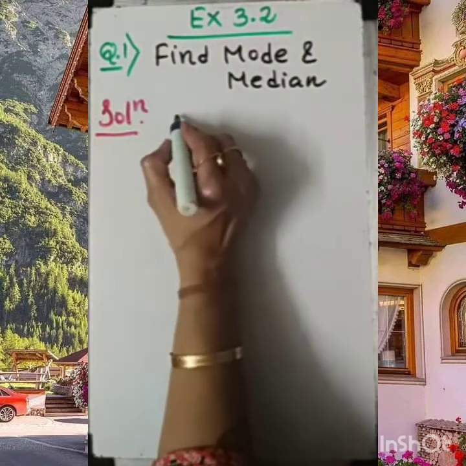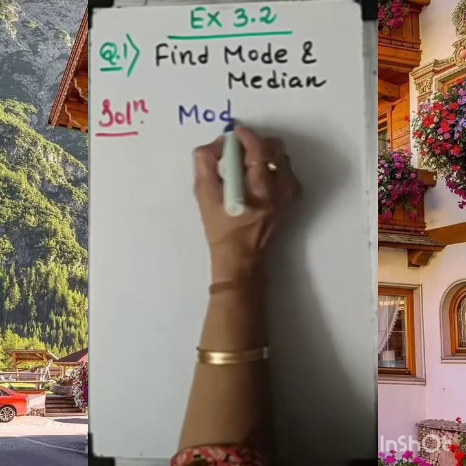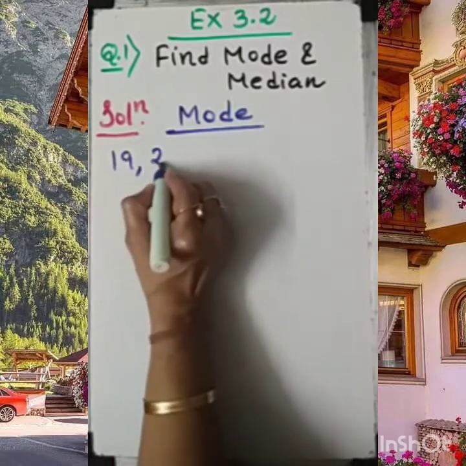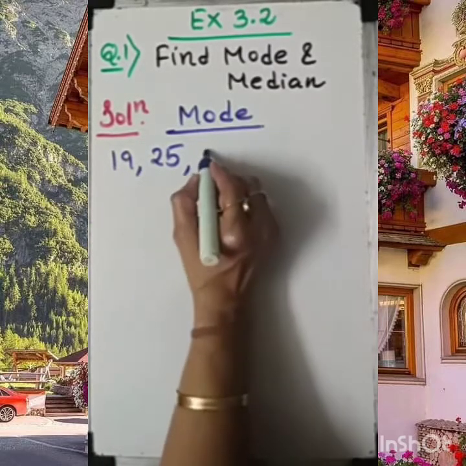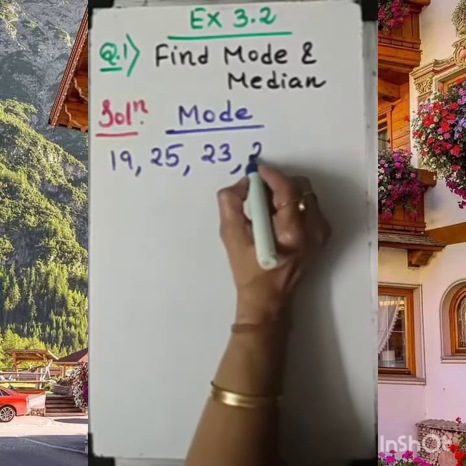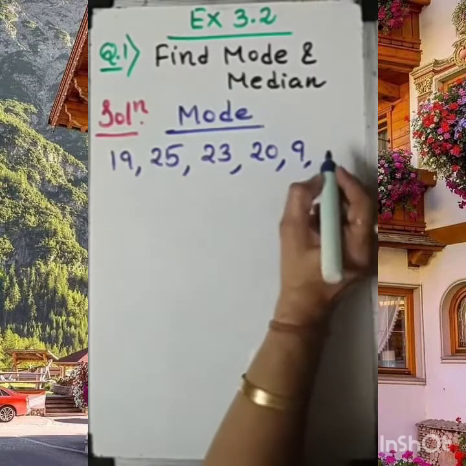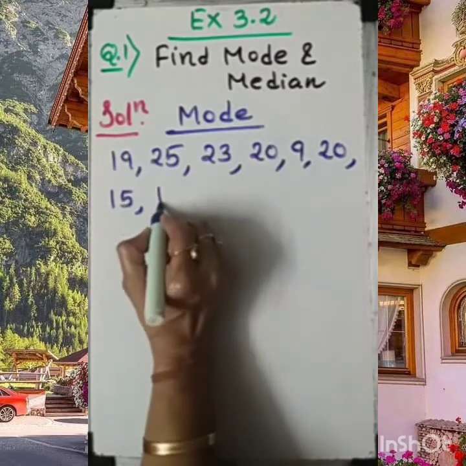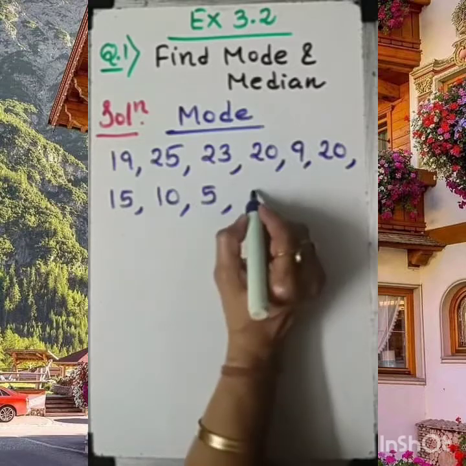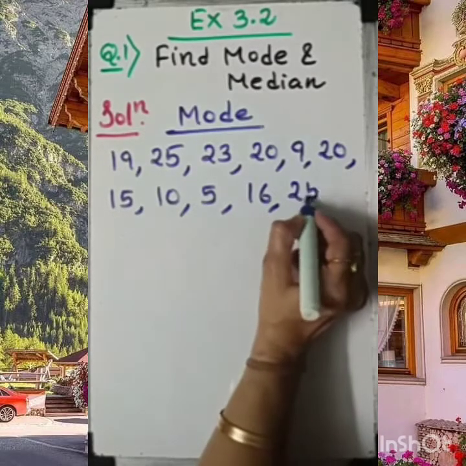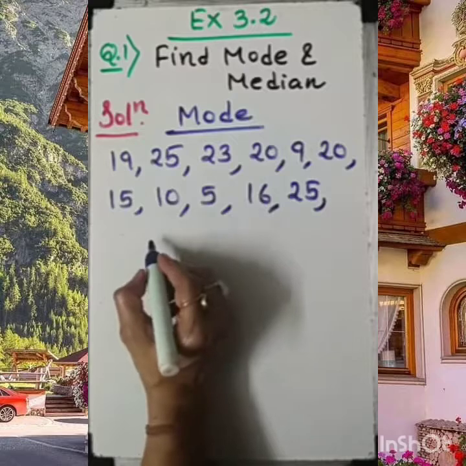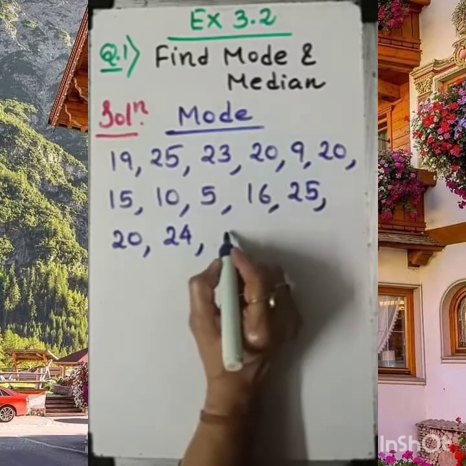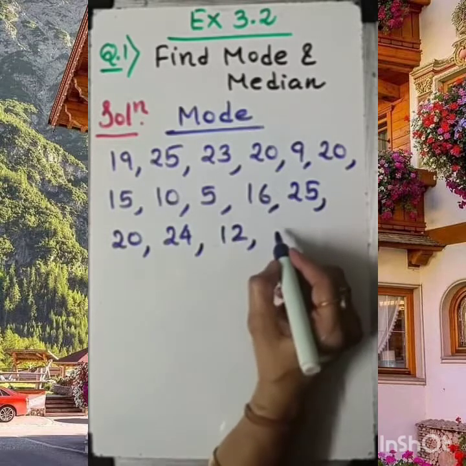First of all, give the heading in the solution. Here it is mode. And let's note down what we are given: 11, 19, 25, 23, 20, 9, 20, 15, 10, 5, 16, 25, then 20, then 24, then 12, then 20.